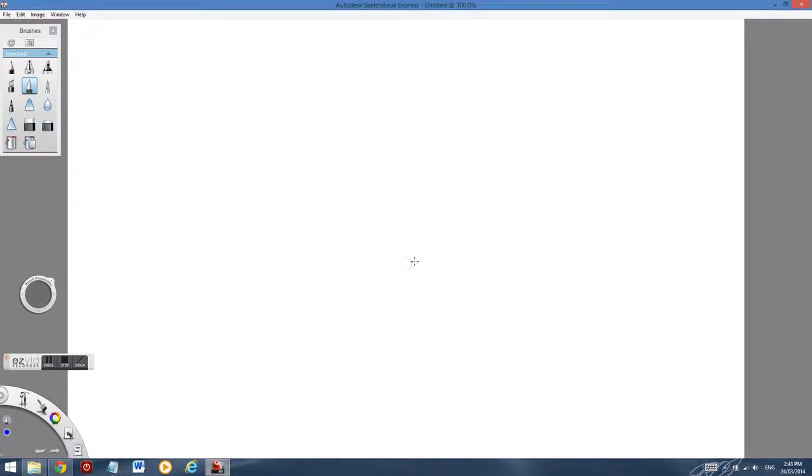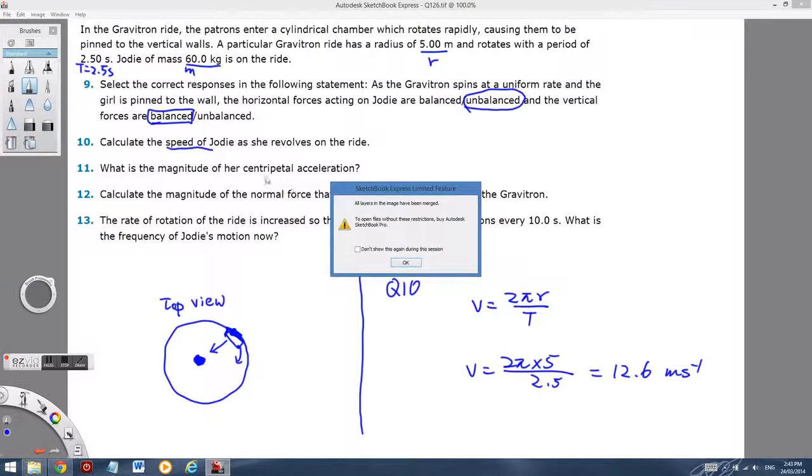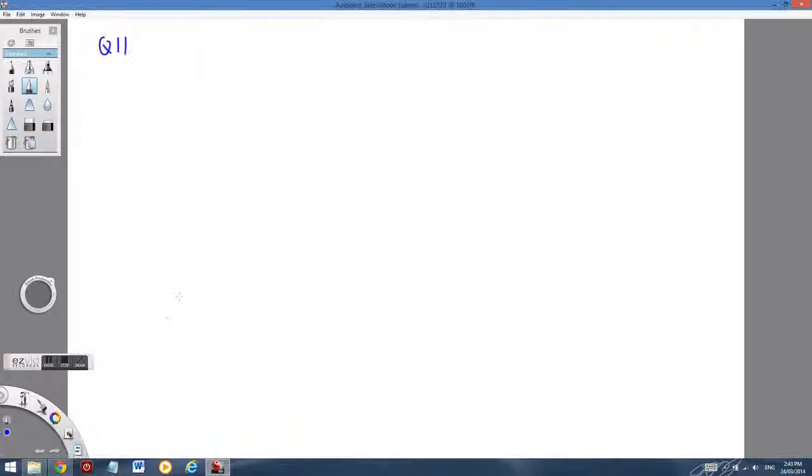Now let's do question 11. We need to find the magnitude of the centripetal force. Again, look at your formula sheet. The centripetal force is mv squared on r. We have a mass.